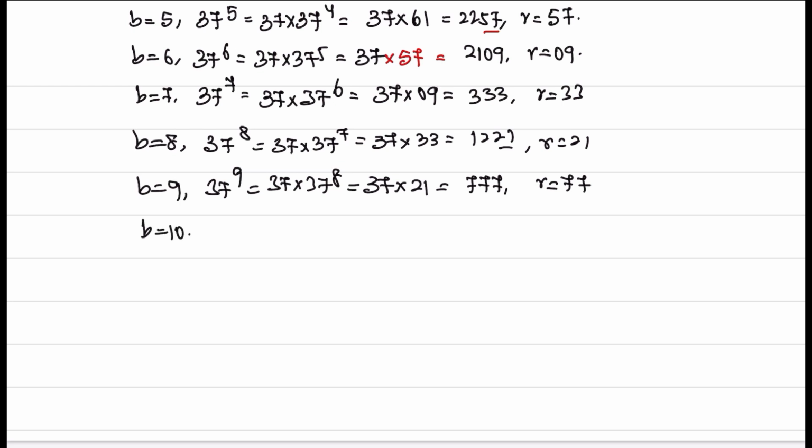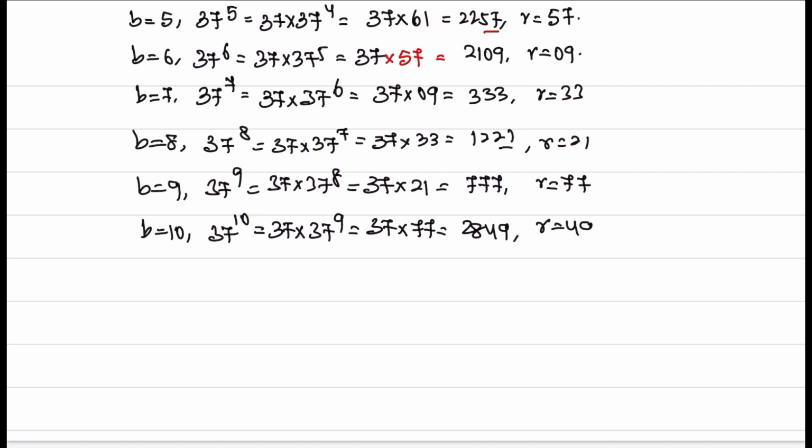b is equal to 10. 37 to the power of 10 is equal to 37 into 37 to the power of 9, that is 37 into 77, which is equal to 2849.